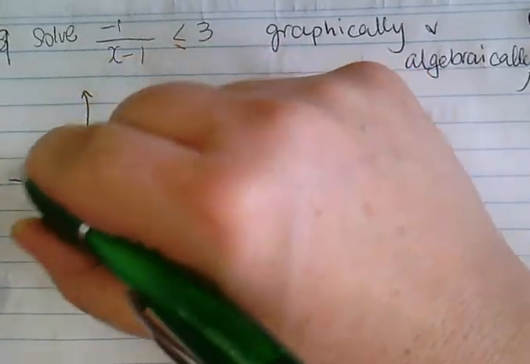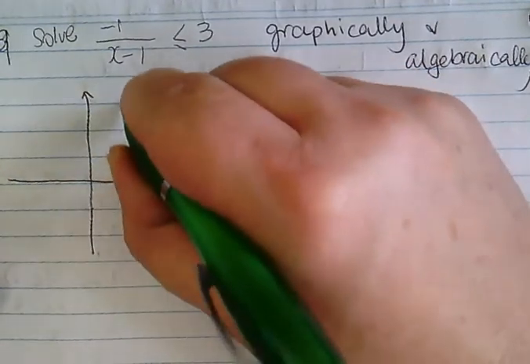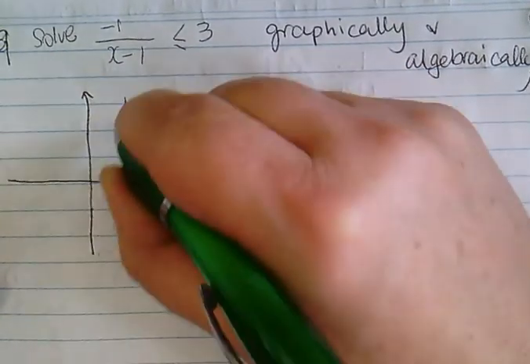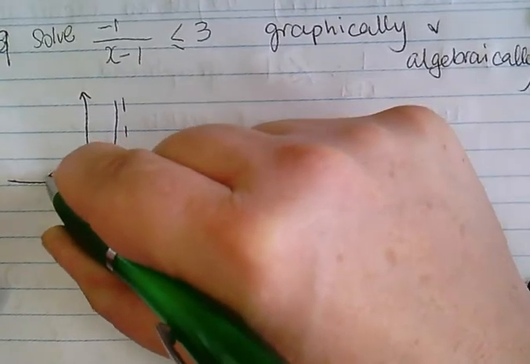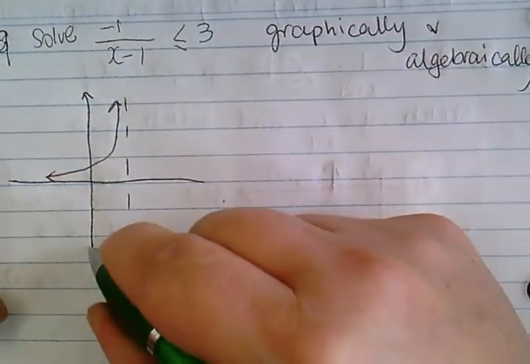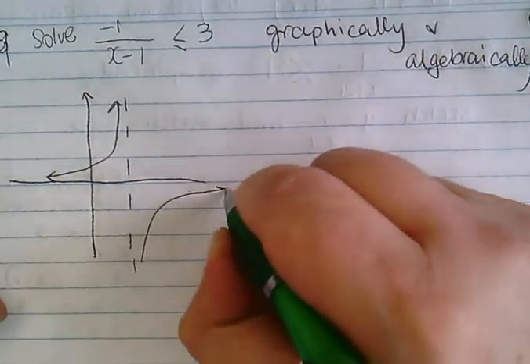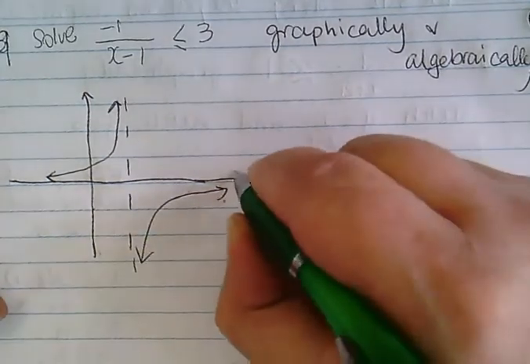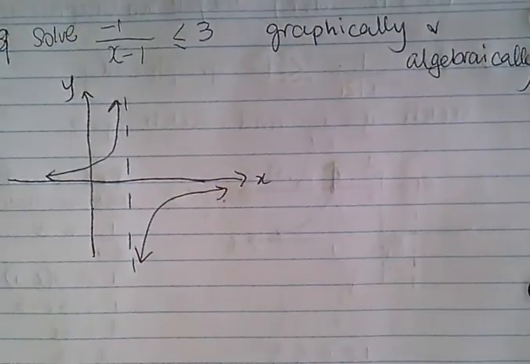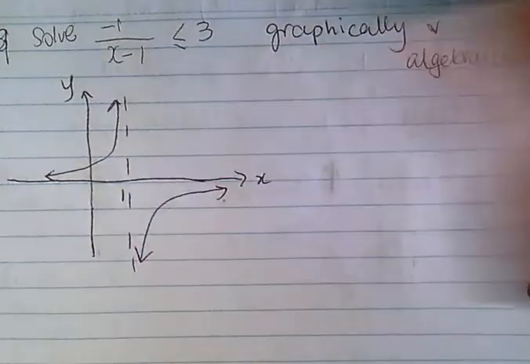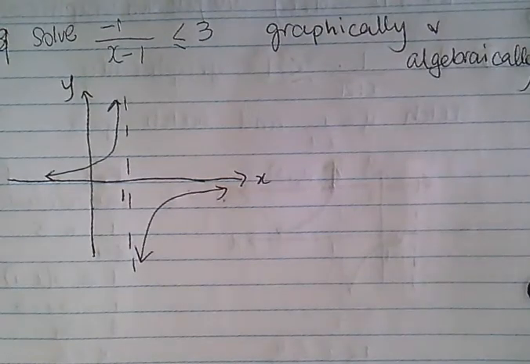It's shifted 1 unit to the right. It's still like quadrants 2 and 4. And this is 1. So that's my hyperbola, -1 over x minus 1.